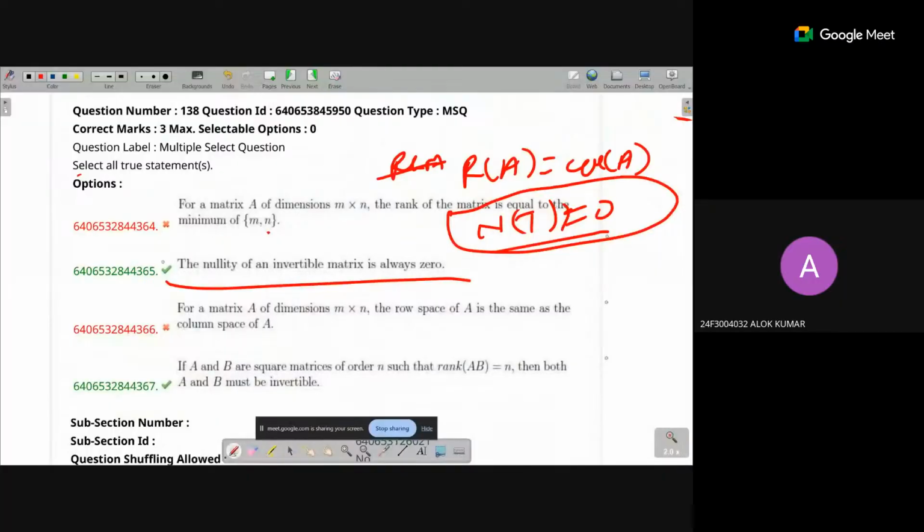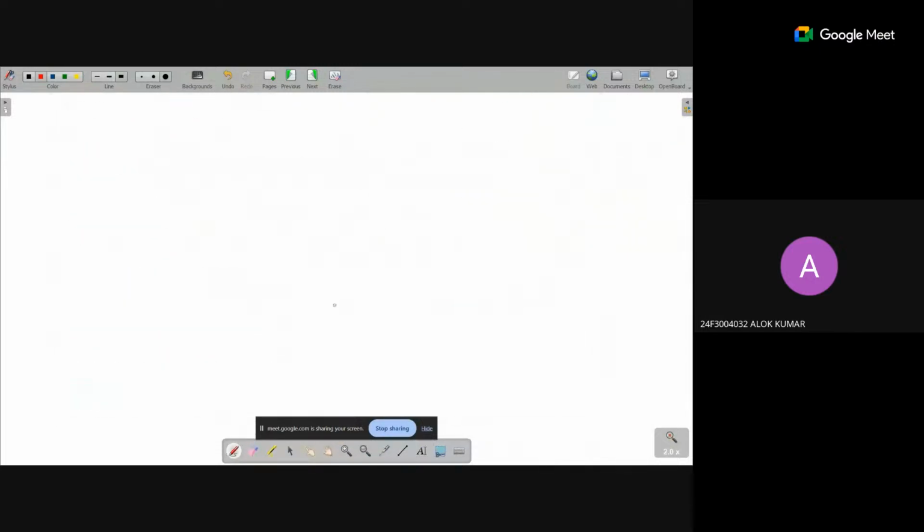Now third. For a matrix A of dimension m cross n, the row space of A is the same as the column space of A. No, the dimension of the row space of A is equal to the dimension of the column space of A, but the row space and column space are two different spaces. Suppose this is the matrix, 1, 2, 3, 4.